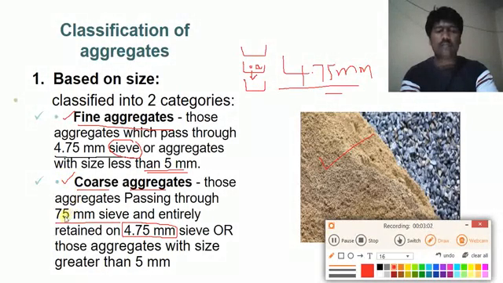They have to pass through the 75 mm sieve, but they have to be retained on the 4.75 mm sieve. You see here, these are coarse aggregates. Also we can say aggregates with size greater than 5 mm are called coarse aggregate. So this is a simple classification of aggregates based on size.